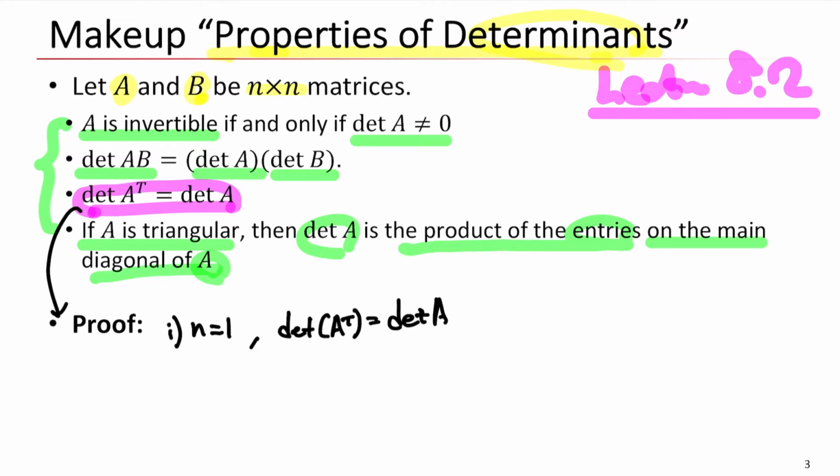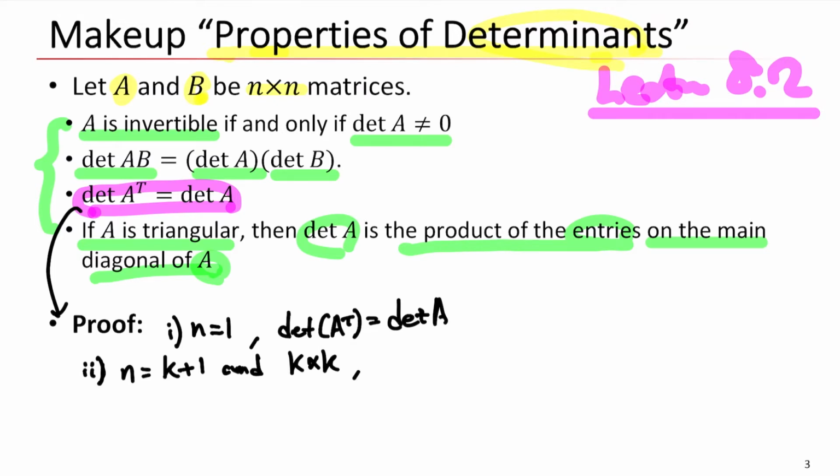Then let's say n is k plus 1, and this property is true for k by k matrices.